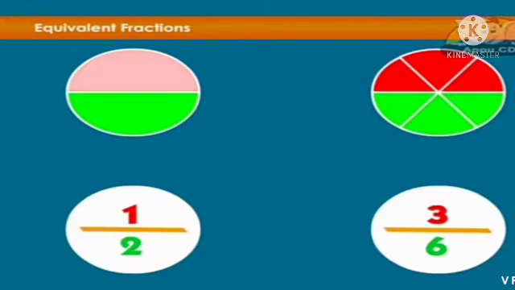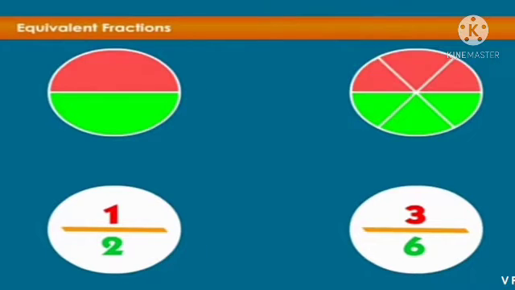Let us see about equivalent fractions. Here 2 circles are given. Check out the circles. We see in the first circle 1/2, half the part, is red, and in the second circle 3/6 is red. But you notice that the same amount is red on both the circles.